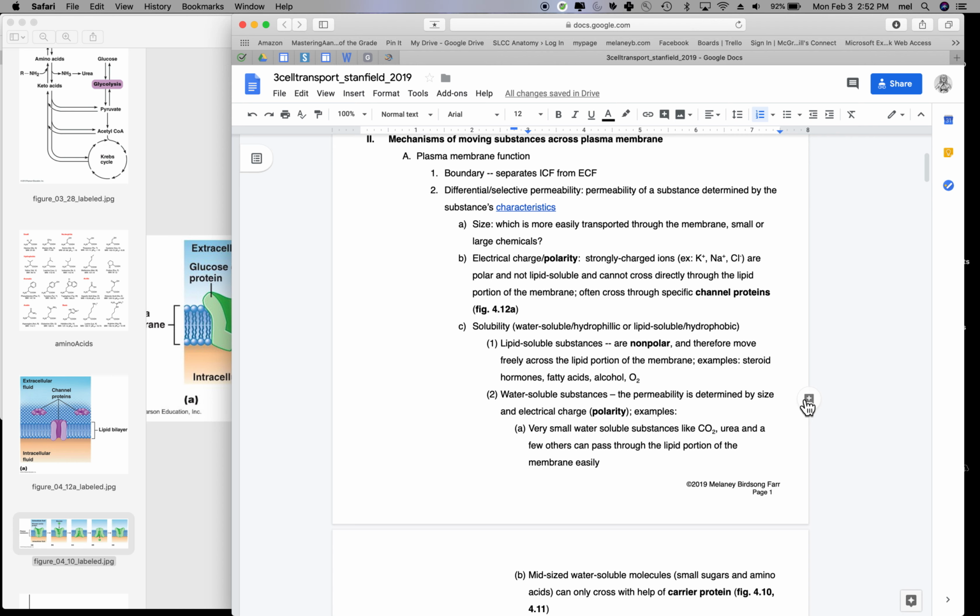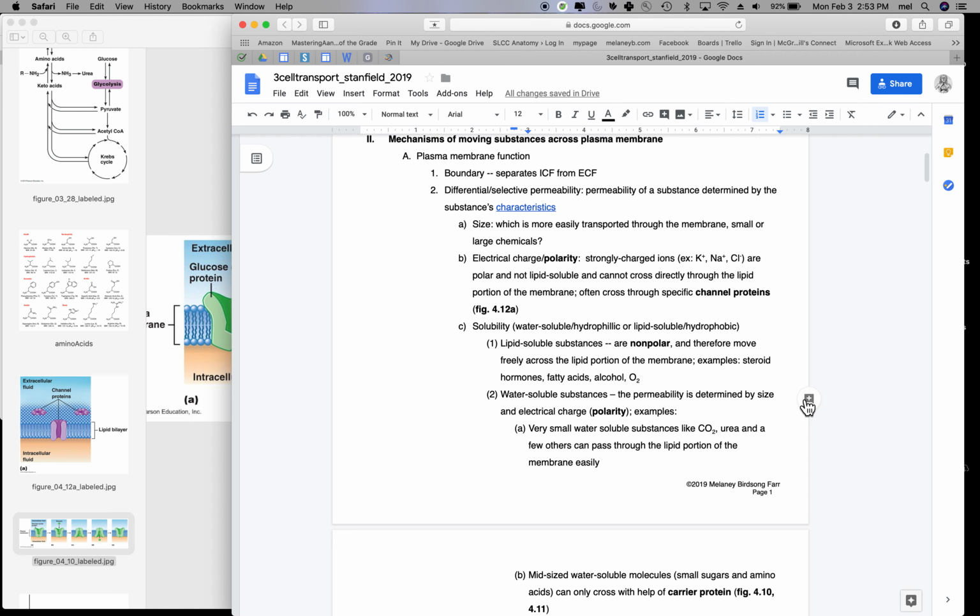The plasma membrane is basically a boundary between the intracellular fluid and the extracellular fluid, but it's not an impermeable boundary. Of course, you've heard a million times that it's selectively permeable, or sometimes they call it differential permeability. So what is it that determines the permeability of a substance?